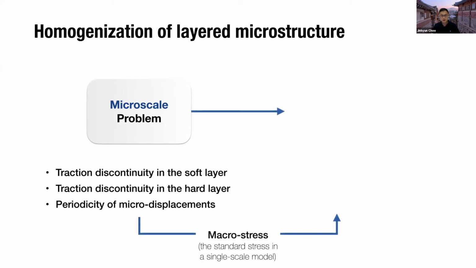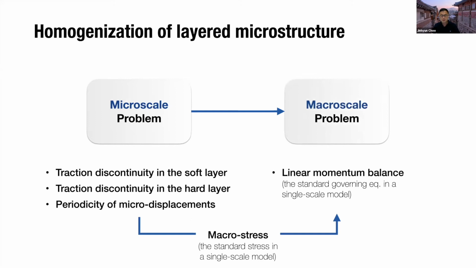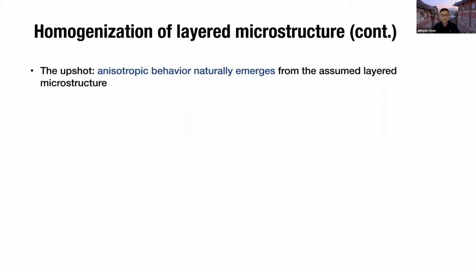Once we solve this micro scale problem, we obtain the macro stress, which corresponds to the standard stress in a single scale model. And this macro stress enters the standard governing equation, which is linear momentum balance or equilibrium in static condition. So this approach provides a multi-scale constitutive framework for shale.